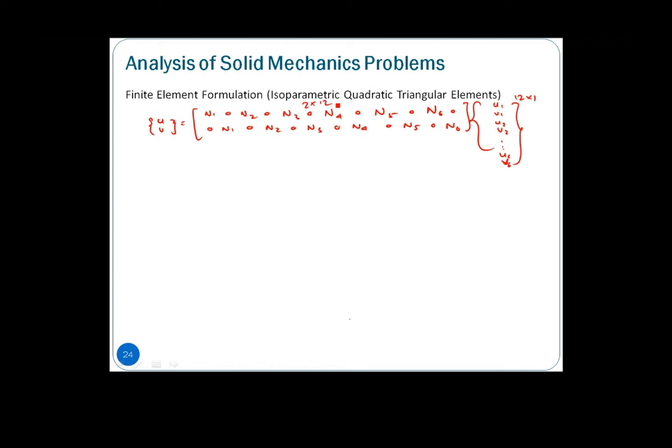Okay, so similarly, our x and y are also the same. We have our x equals N1 x1 plus N2 x2 plus N3 x3 plus N4 x4 plus N5 x5 and N6 x6, right?